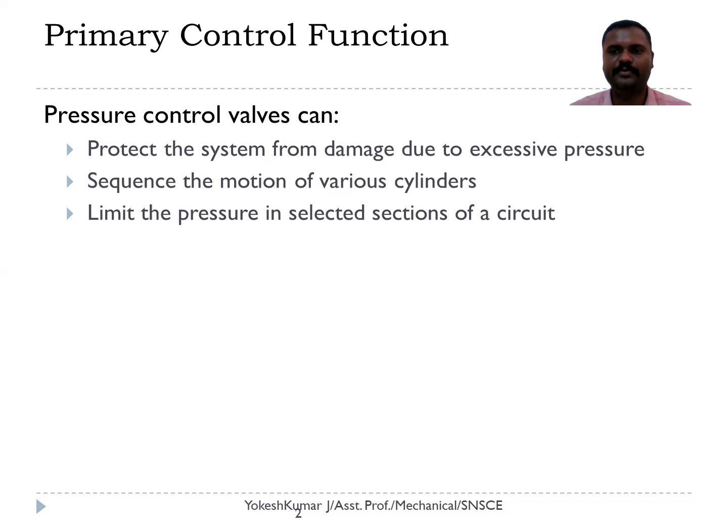And the third purpose is to limit the pressure on a selected section of the circuit. For example, if you are using multiple cylinders, all the cylinders are connected with a common pipeline, and all the cylinders are powered with the help of a pump. The pump is able to generate only a constant pressure. If all the cylinders are operated by that pressure, the force will be the same.